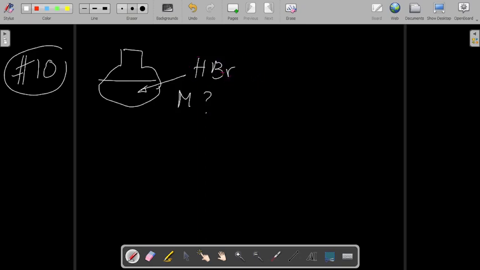If this was a base, you would need an acid, so the opposite. So what base are they using? They're using sodium hydroxide to try to find the molarity, the concentration of this acid. What are we using? The molarity is 1.14, and she titrates 15 milliliters of it.